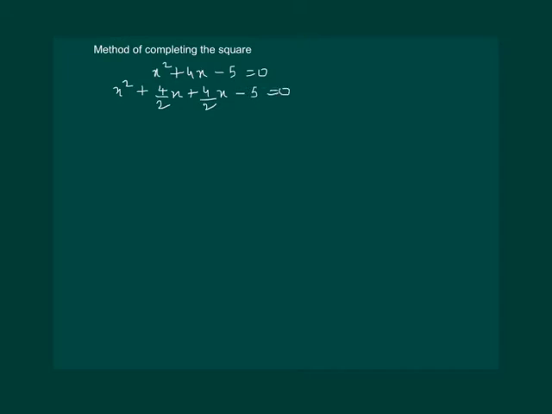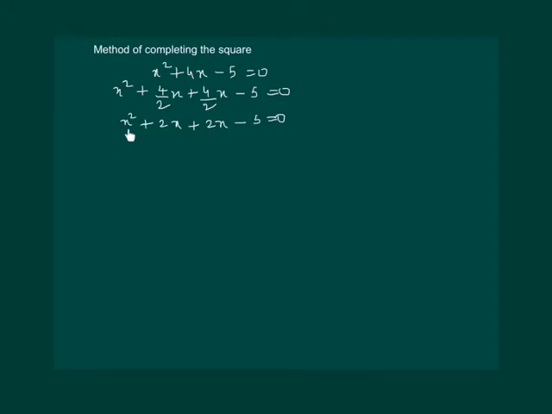Note here, by dividing by 2, we are not changing the equation because this becomes 2x plus 2x, which is 4x. So now our equation looks like this.